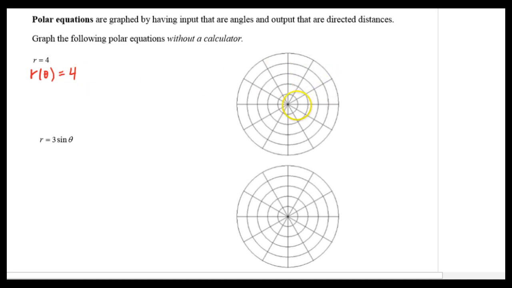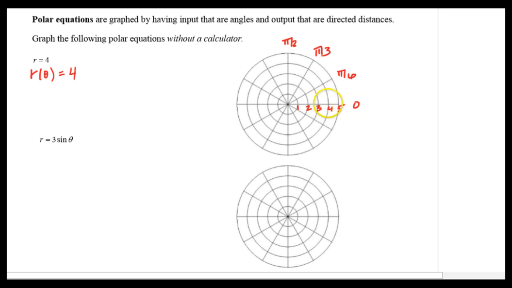So on this first graph, I'm going to label my polar axis and a couple of different angles. The unique thing about this graph is it doesn't matter what angle I choose, I'm always going to go a directed distance, towards that angle, of positive 4 units.